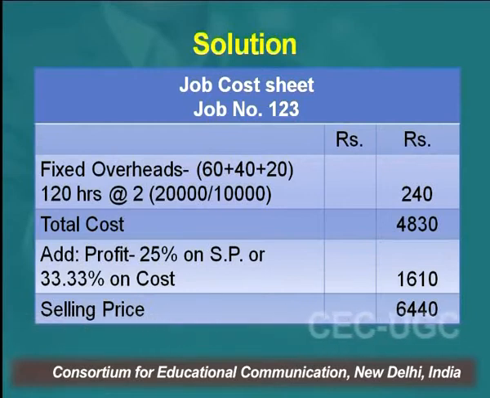So you calculate the profit on the selling price, that is, if I say 25% profit on selling price, what it implies is, if you calculate it, 33 and 1/3% on the cost, right. So this way the price which you will quote for this order, or the selling price, should be 6,440 rupees.